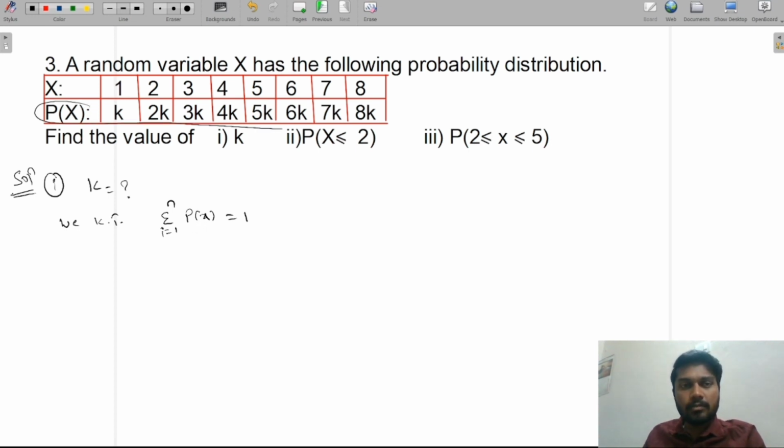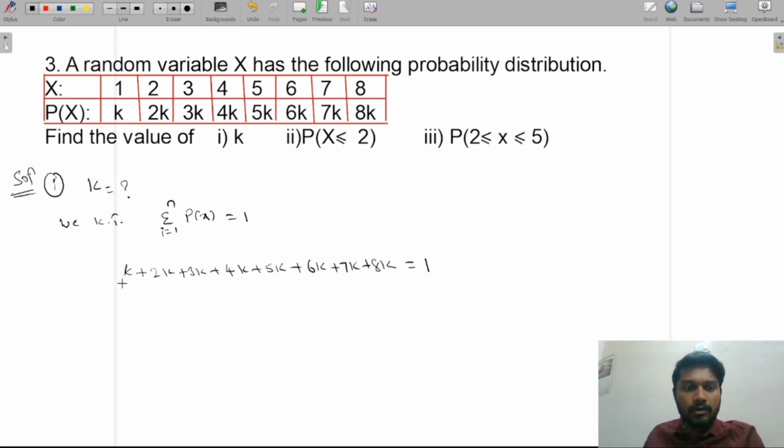See, these are the probabilities: k, 2k, 3k, 4k, 5k, 6k, 7k, 8k. Summation, in the sense of adding the probabilities, we will get k plus 2k plus 3k plus 4k plus 5k plus 6k plus 7k plus 8k, which is equal to 1.